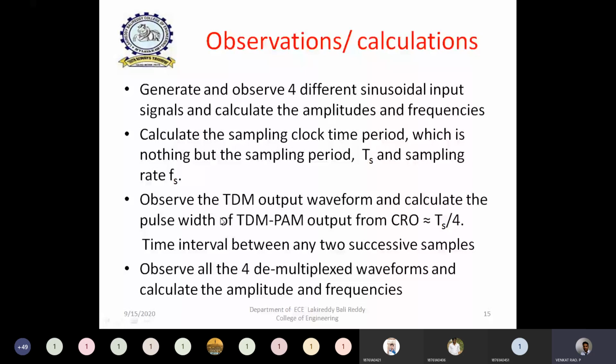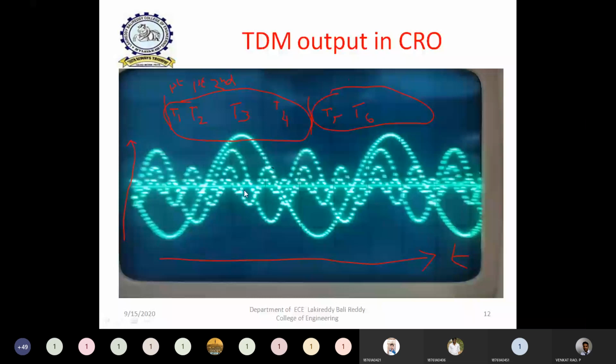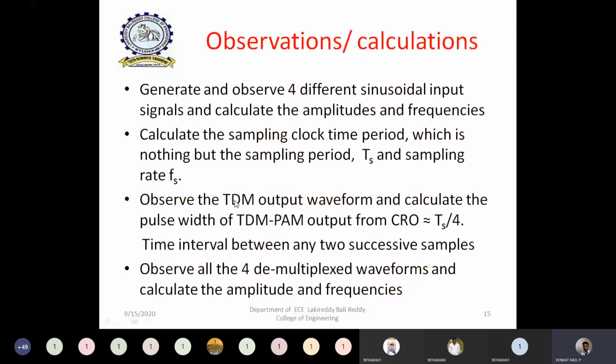Next, observe the TDM output waveform and calculate the pulse width of the TDM output. Pulse width means the time interval between any 2 successive samples. We can calculate it by looking at the CRO screen, and theoretically, if you compare, that value is nearly equal to TS by 4, since we have 4 signals.